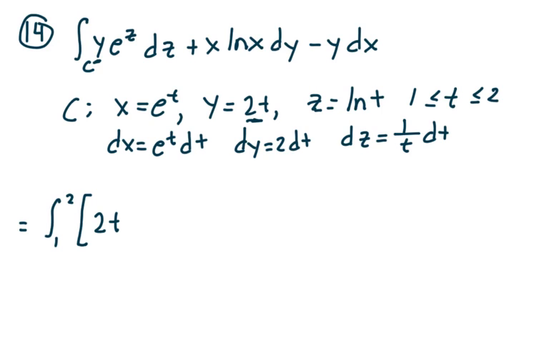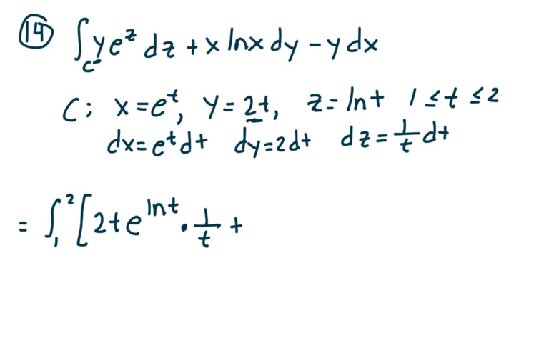Z is natural log of t, so I have 2t e to the natural log of t. dz is 1 over t, and then I'm going to save the dt for the end, okay?